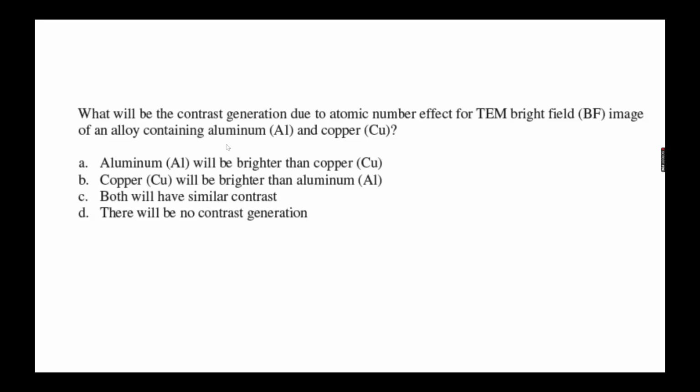Suppose it is an aluminium copper alloy, and you generate a contrast due to the atomic number effect. As I discussed in the previous slide, there is mass contrast and thickness contrast. Similarly, there is one type of contrast which is atomic number contrast. Due to the change in the atomic number, there will be a difference in the contrast of the imaging in the TEM bright field.